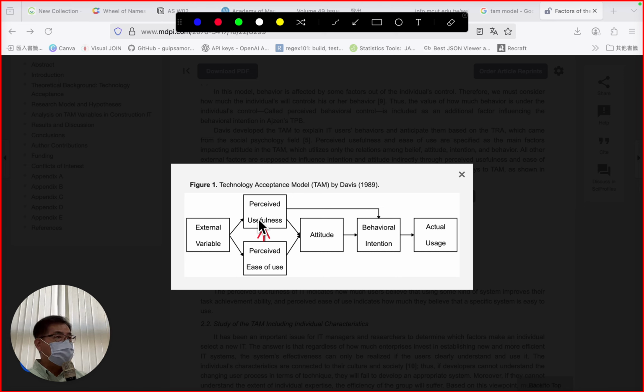So useful or not. So there's a relationship between these two concepts or constructs. And also usefulness affects attitude. So that's the relationship between the concepts. So the theory perspective helps us to pick the concepts and also the relationships between the concepts. Got it? Okay.